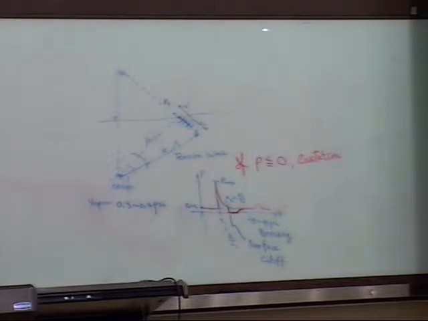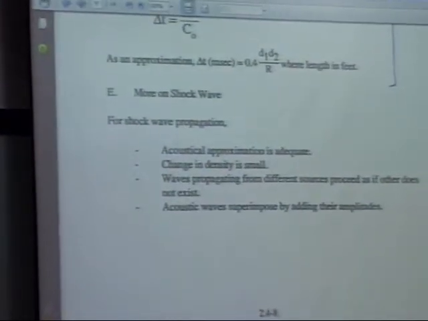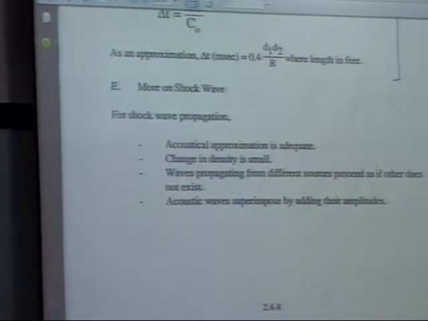That's the range we are working in. Waves propagating from different sources proceed as if the others do not exist. In other words, you can just superpose them together as linear waves. You don't have to worry about nonlinear waves for the explosion problem.